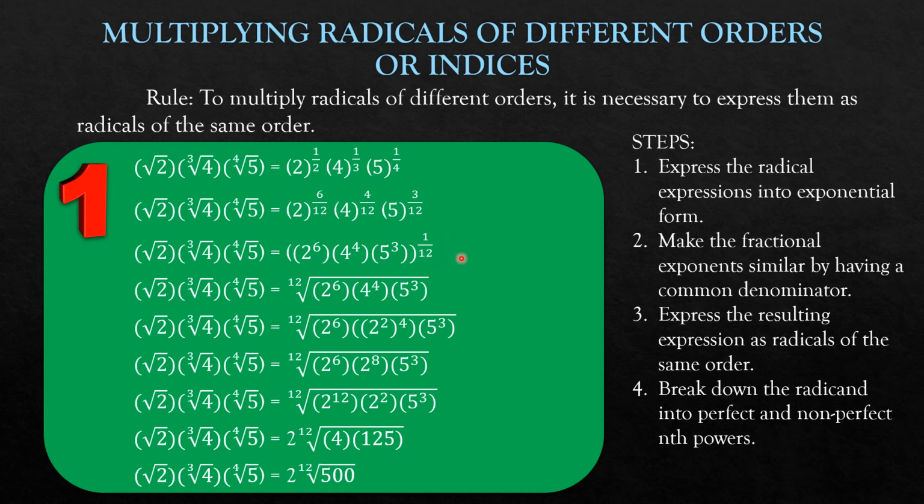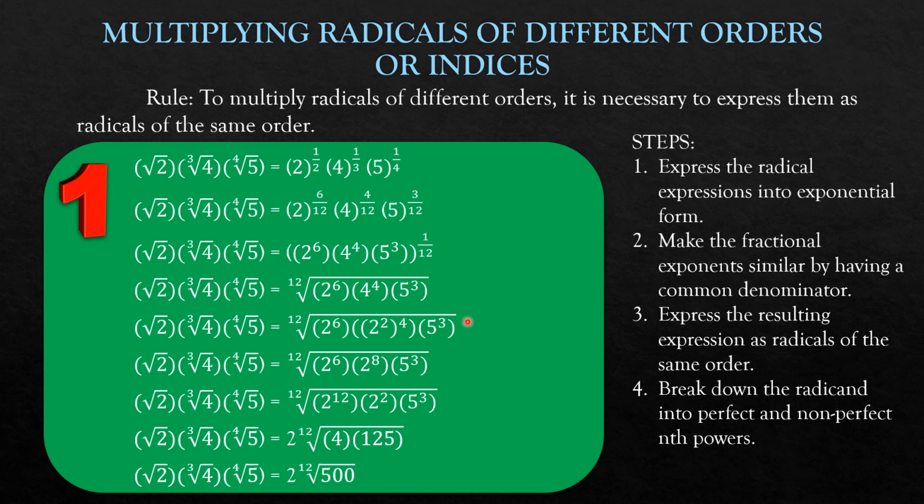So, kapag naganyan na siya, guys, ibabalik nyo lang siya sa radical form na kung saan, kung mapapansin nyo, pare-pareho na sila ng index. So, this is 12 root of 2 raised to 6 times 4 raised to 4 times 5 cubed.